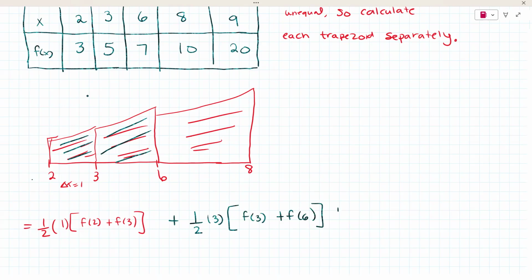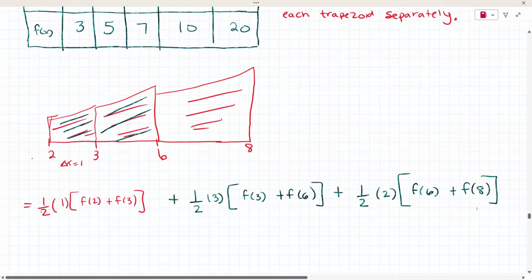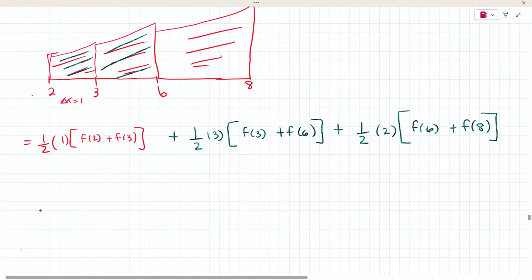Okay, and then it's going to be plus 1/2. And then what's the delta x from 6 to 8? 2. And it's going to be from f of 6 to f of 8. Okay, and then just do the algebra.